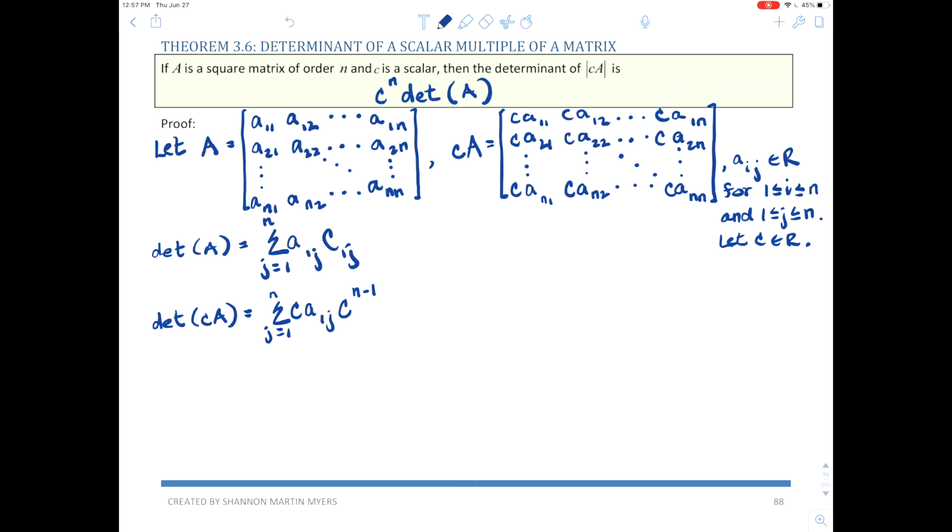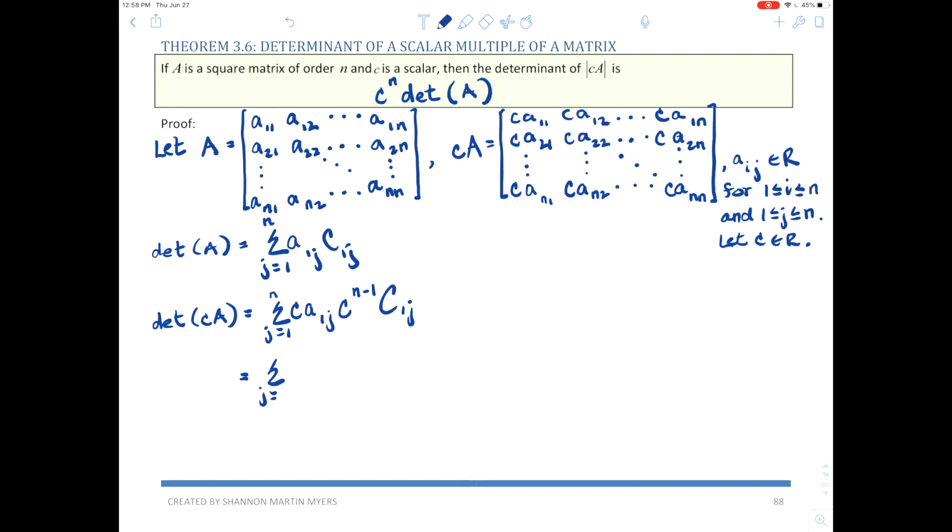And so you have n minus 1 C's being multiplied together. Groovy? Okay. And then that will go with the cofactor C1j.